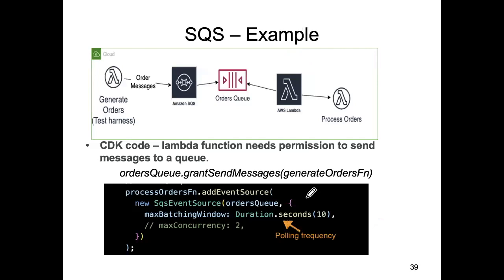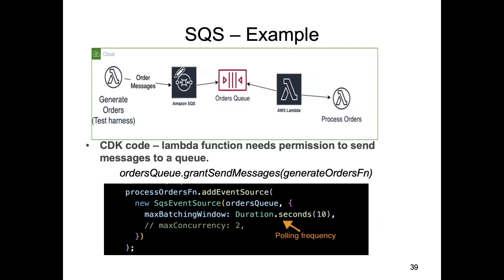Let's look at another little example. In this case, I've decided to use just a Lambda function to generate messages, and notionally it's generating orders. It talks to the SQS service.